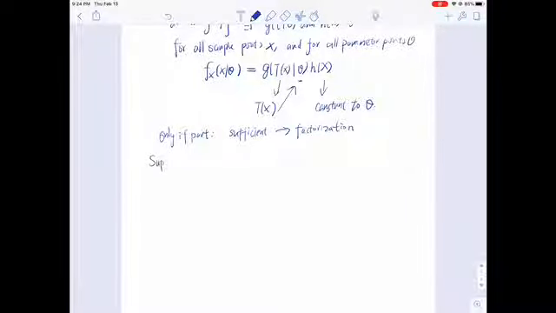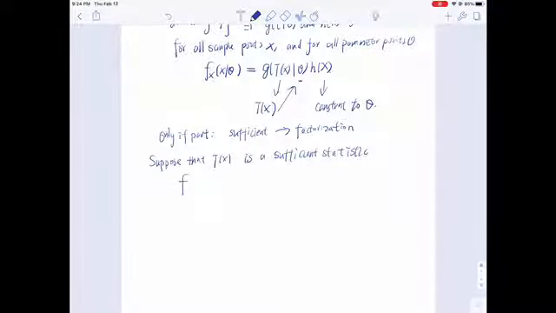So suppose that T(x) is a sufficient statistic. This is our assumption when we are proving the only if part.